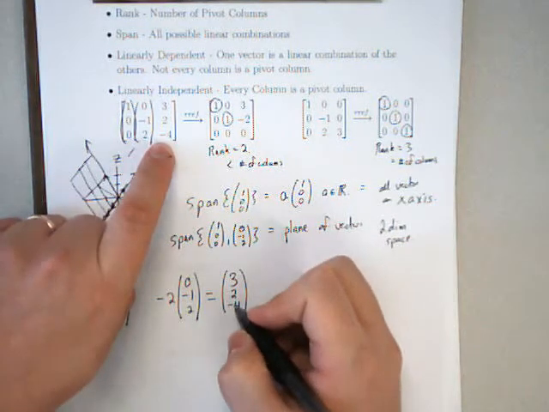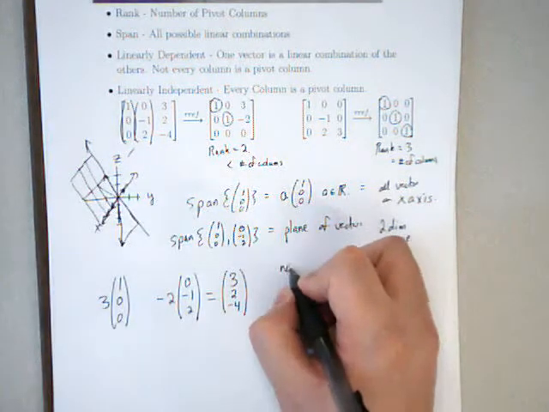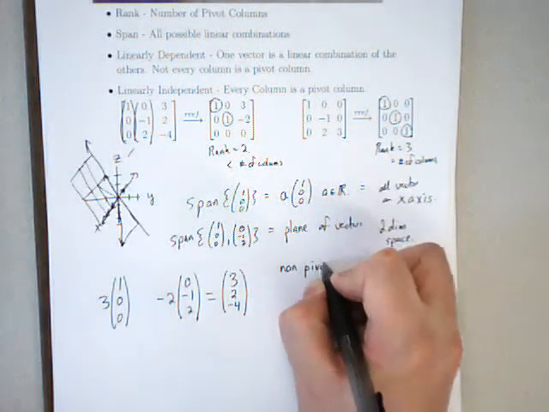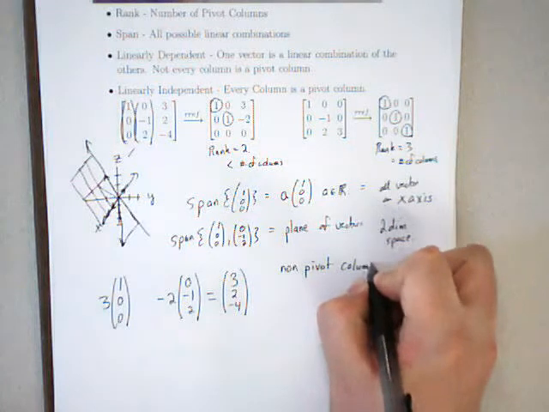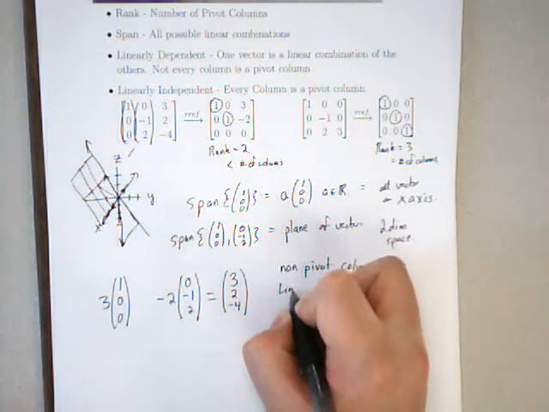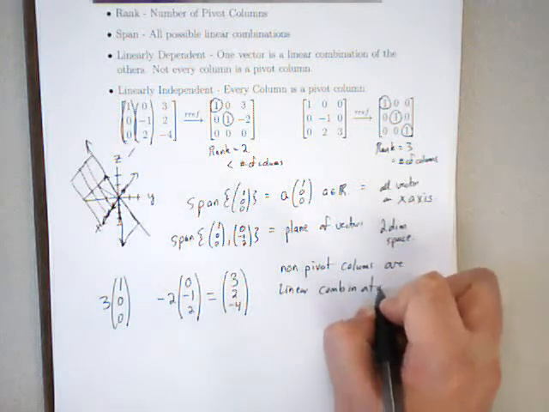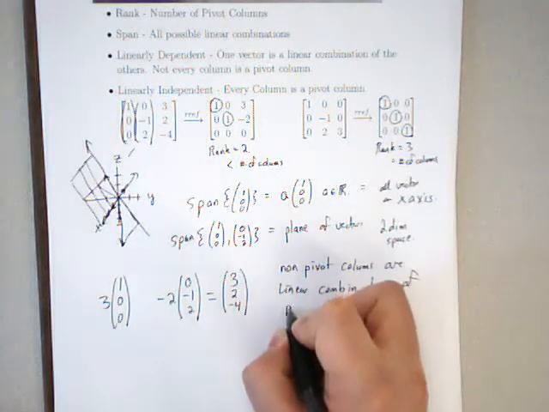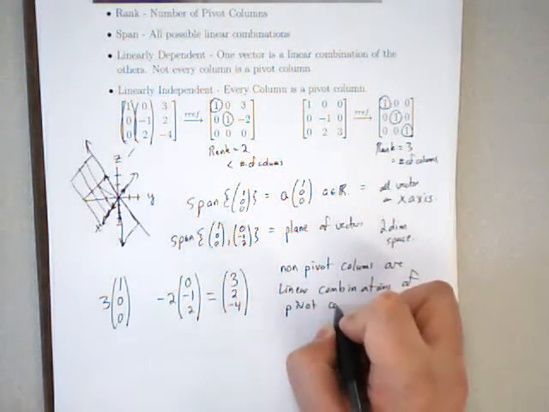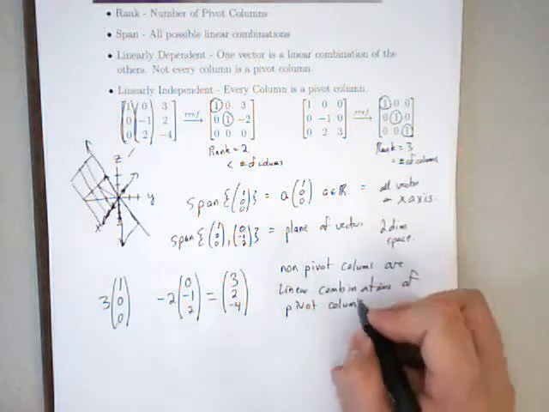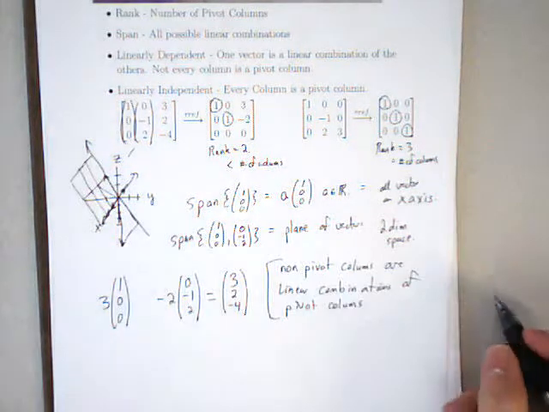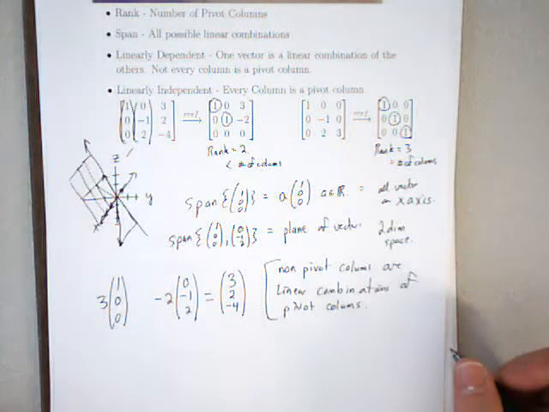That's precisely the non-pivot column. So non-pivot columns are linear combinations of pivot columns. That's a key fact we want to focus on. Non-pivot columns are linear combinations of pivot columns.